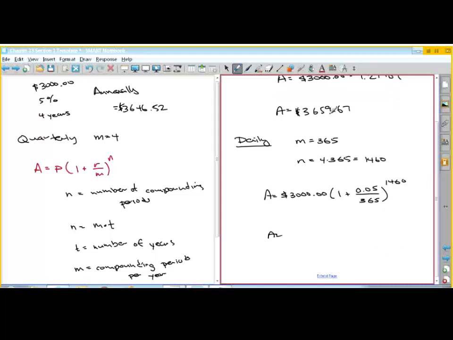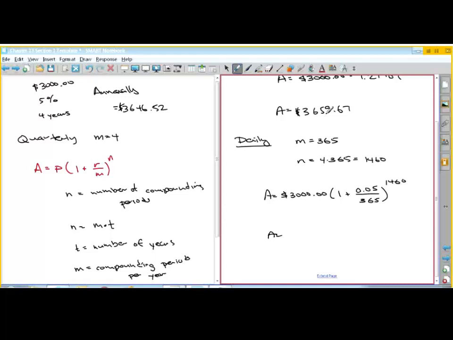And if we do this right, we should get a number very close to this, but slightly bigger. If it's way off, then something's wrong. So let's just do the stuff in the parentheses and then raise it. So it'll be 1 plus 0.05 divided by 365. You get 1.000136986.